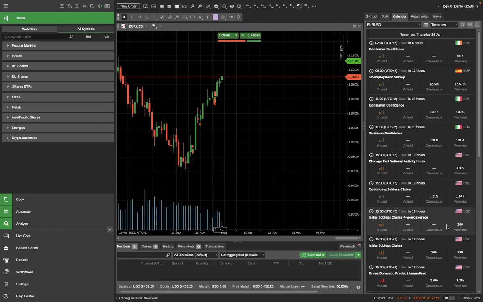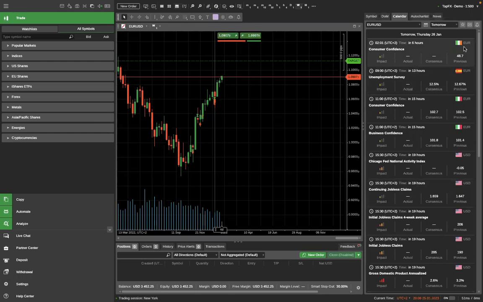So the question remains, of course, how to use this economic calendar. Let me show you what kind of features the economic calendar has in cTrader. The first thing is that, as you can see, we got this flag here for the event called consumer confidence from Ireland.